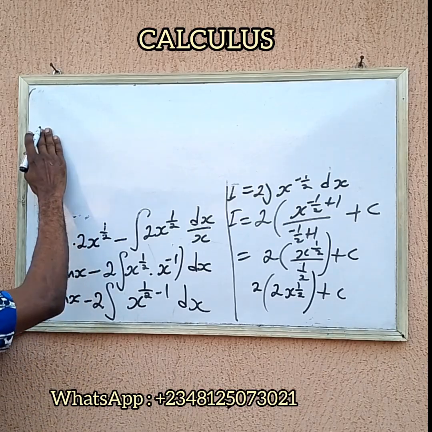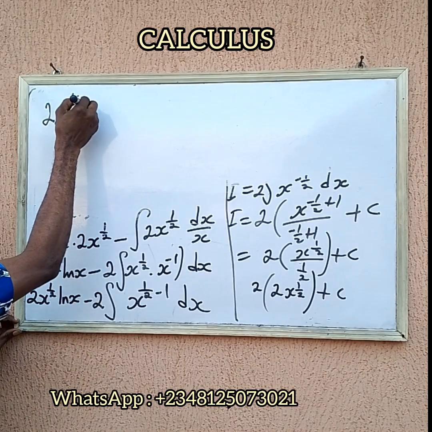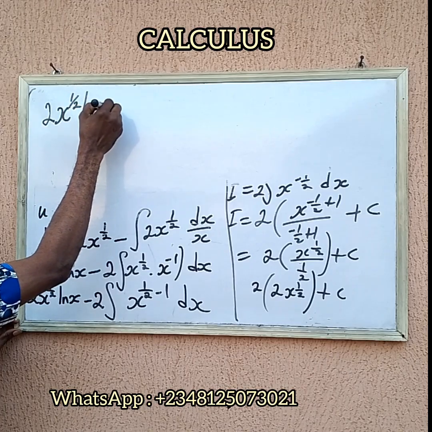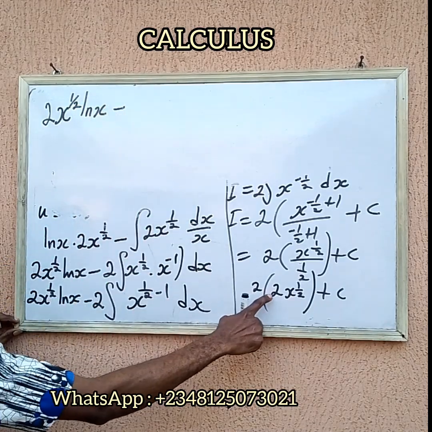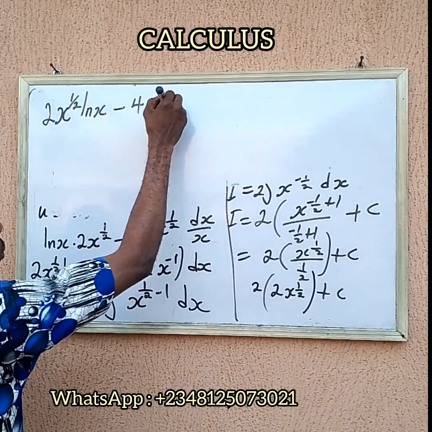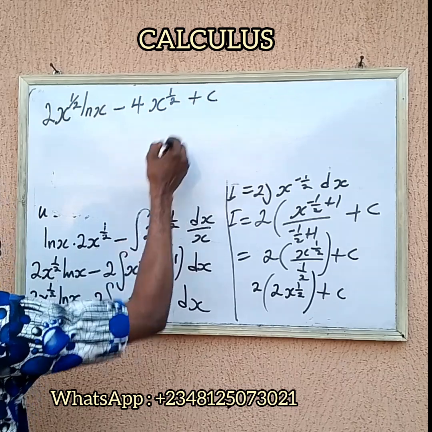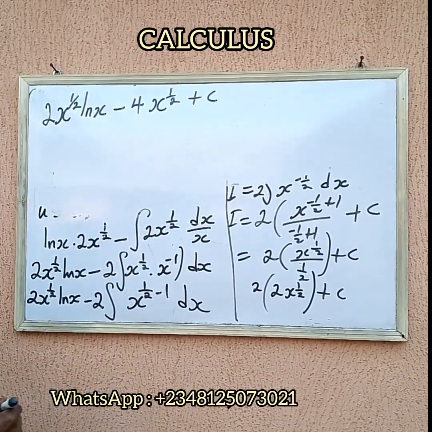So it now gives us 2x raised to the power 1 over 2 ln x, then minus these 2 will multiply this, gives us what? 4x raised to the power 1 over 2 plus c. Okay, so I think this gives us the answer.